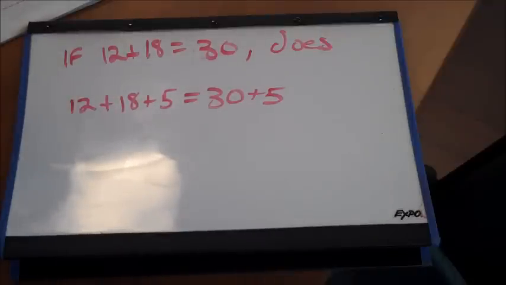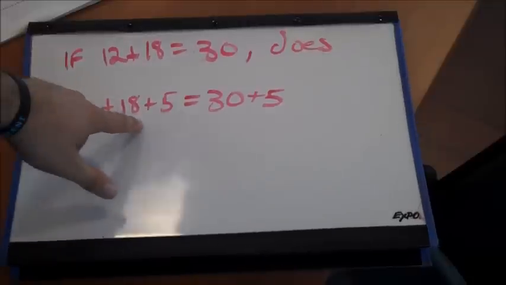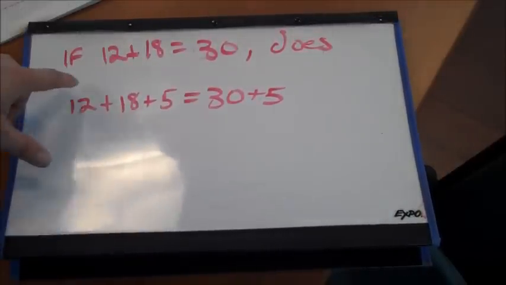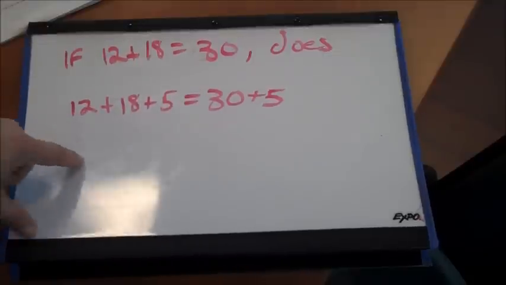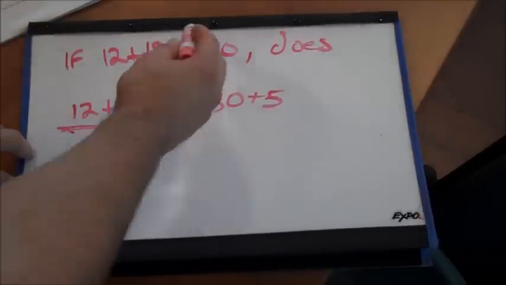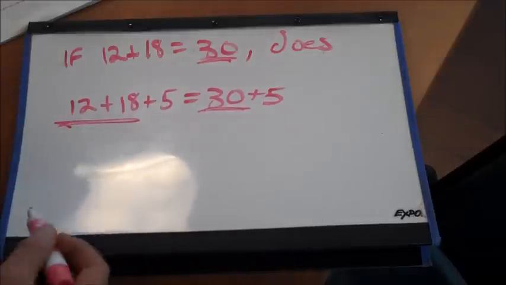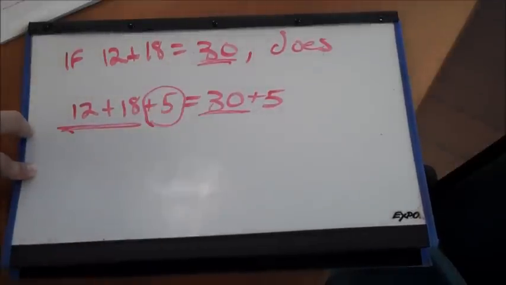So if 12 plus 18 equals 30, does 12 plus 18 plus 5 equal 30 plus 5? Well, let's look at our original problem. It's 12 plus 18, and there that is right there. And then 30, there that is right there. All that we did to this one is we added 5.